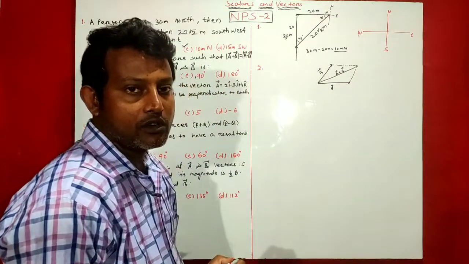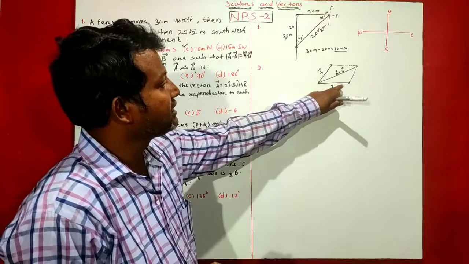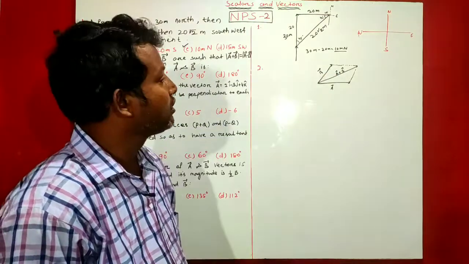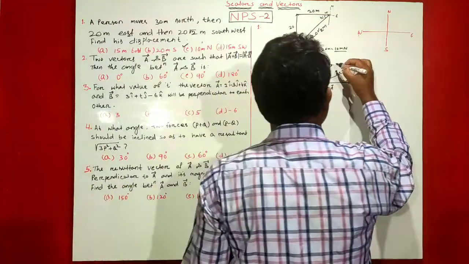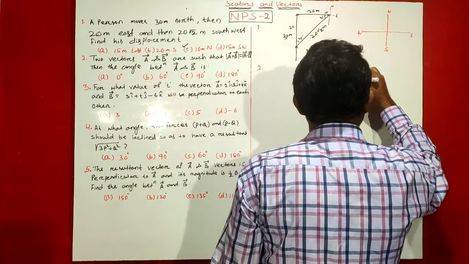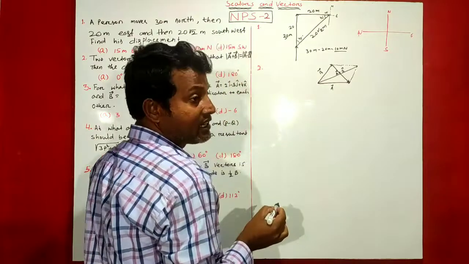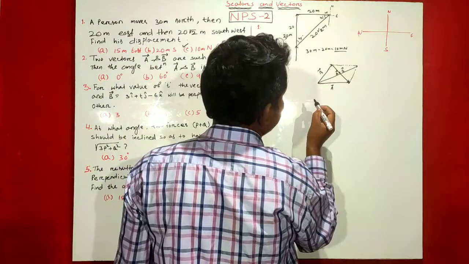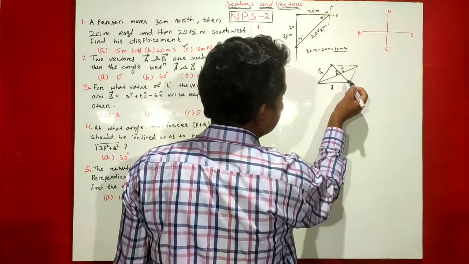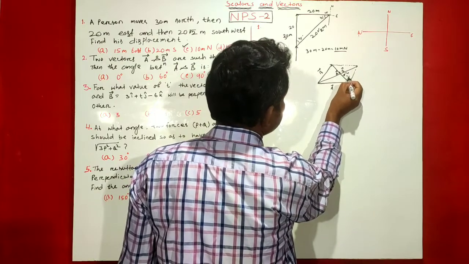And the other diagonal shows A minus B, starting from the head of B and going to the head of A. This is A minus B.